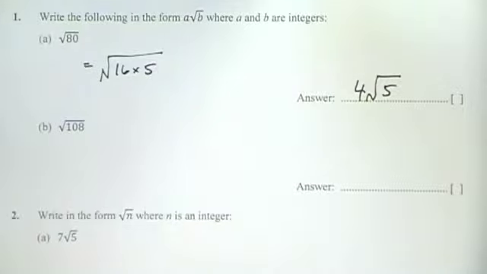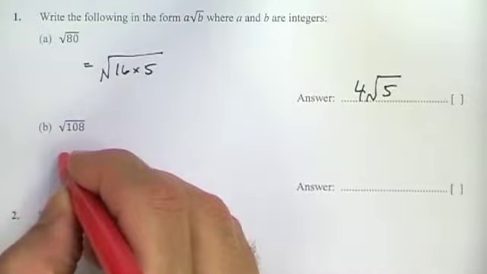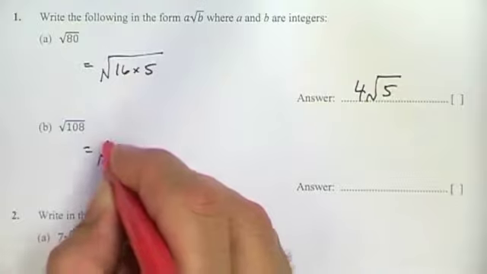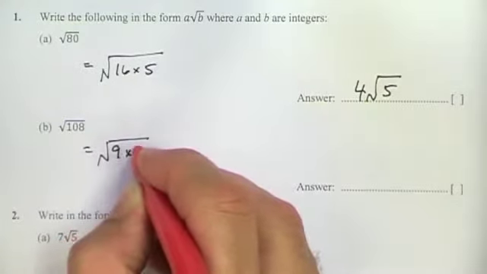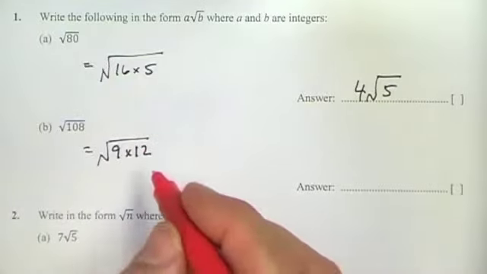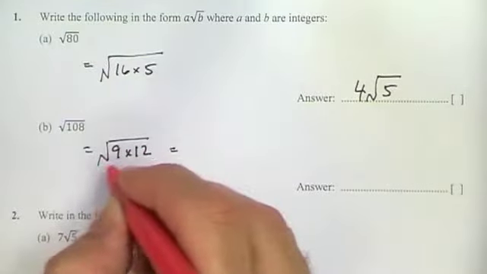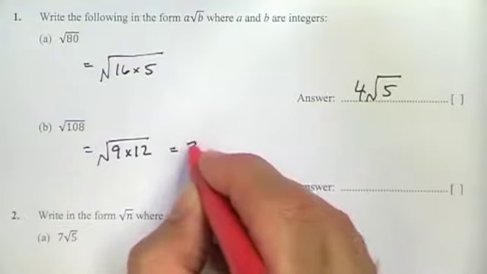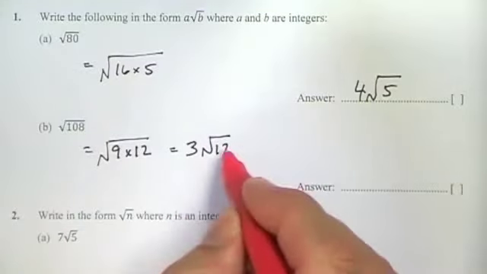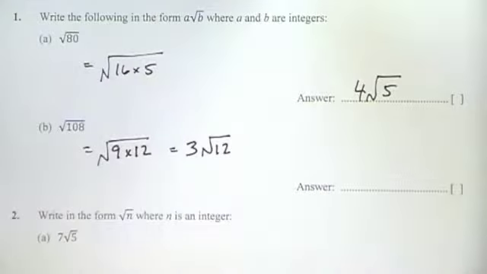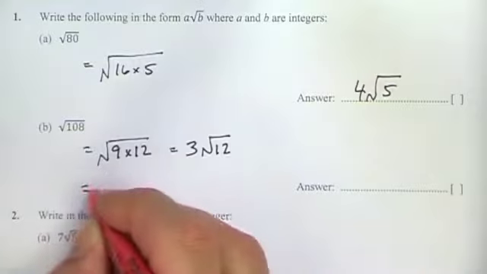If I take the square root of 108, it could be 9 times 12, and taking the square root of 9 out gives us 3, so that gives us 3 root 12. That's not actually the simplest surd, because another square number that's a factor of 108 is 36.